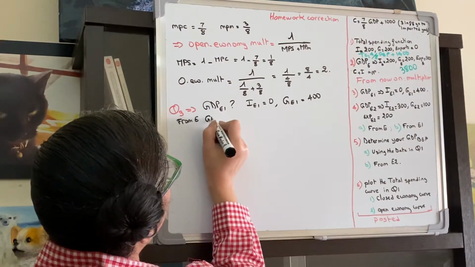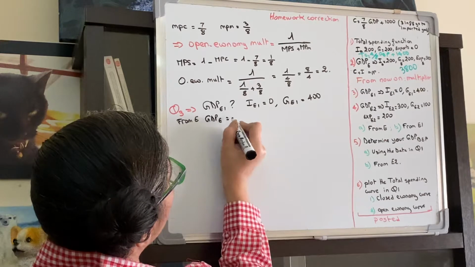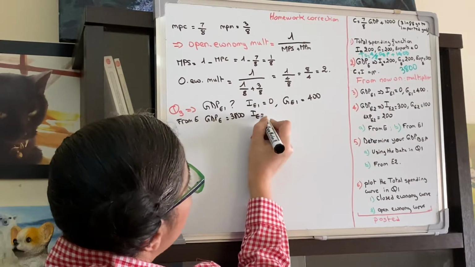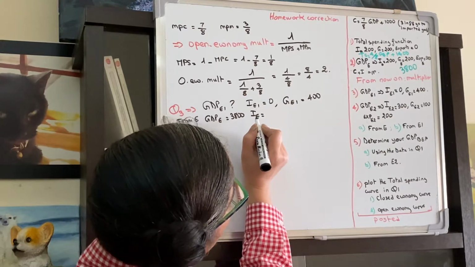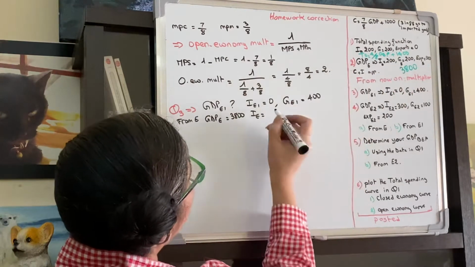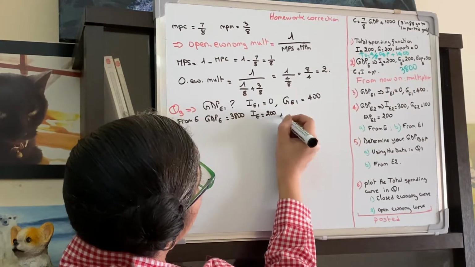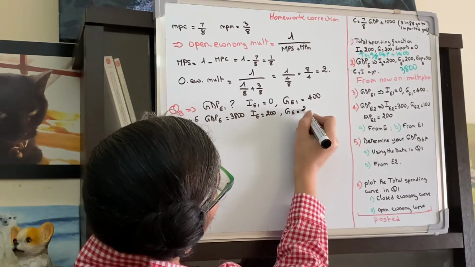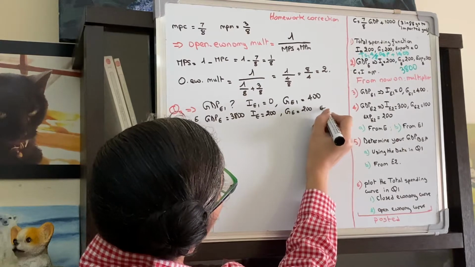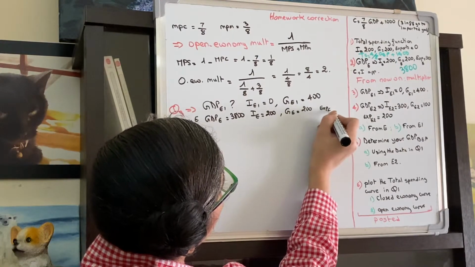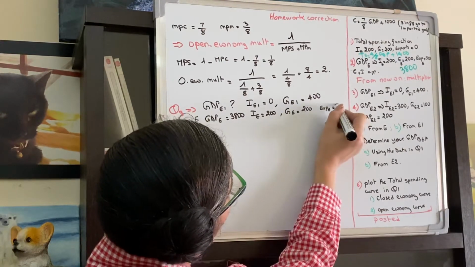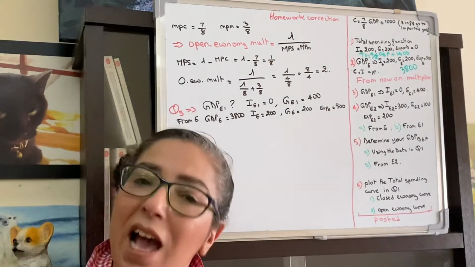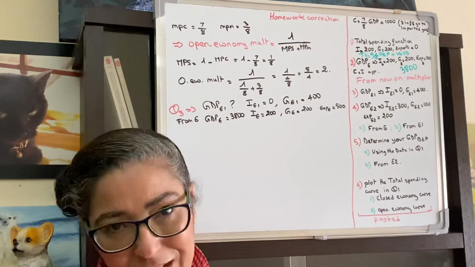So GDP at E was equal to 3,800. I at E was equal to 200. G at E, 200. And exports at E were equal to 500. And now we do exactly what we do with all the multipliers.